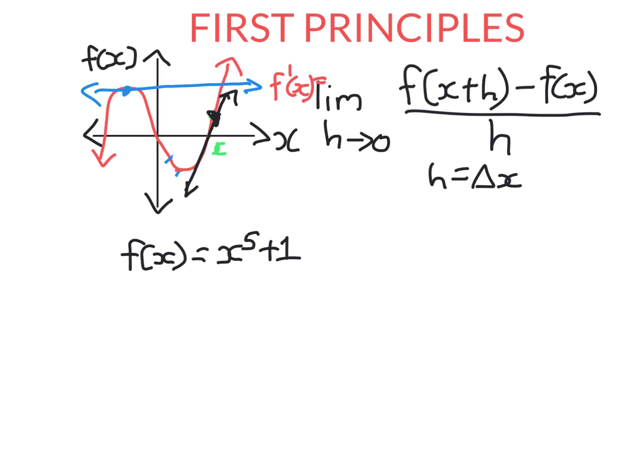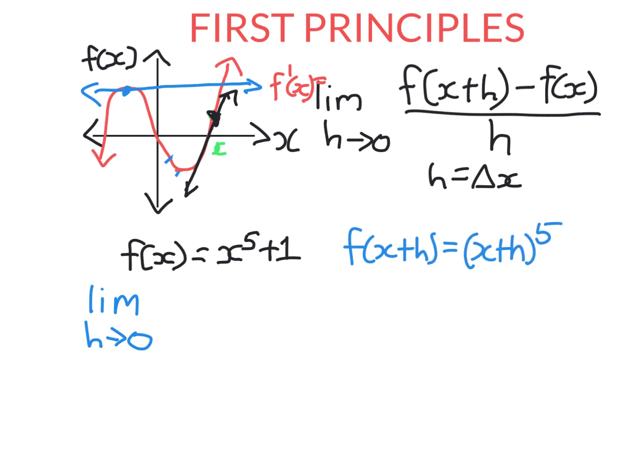Okay, so how would we differentiate, that is, find the derivative of f(x) equals x to the power of 5 plus 1? Well, we're just going to use this formula here. So it's always limit as h approaches 0. Now, what would be f of x plus h? Well, if f of x is x to the power of 5 plus 1, f of x plus h is equal to, every time where you see an x, I'm just going to replace it with x plus h.